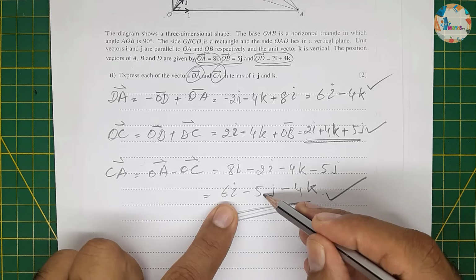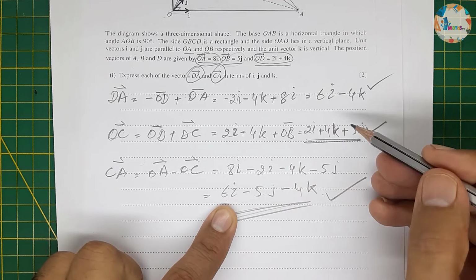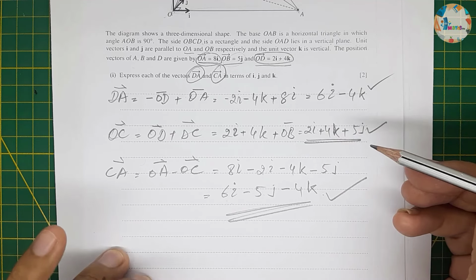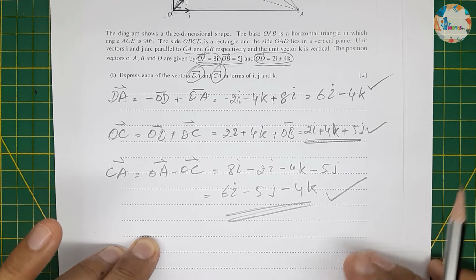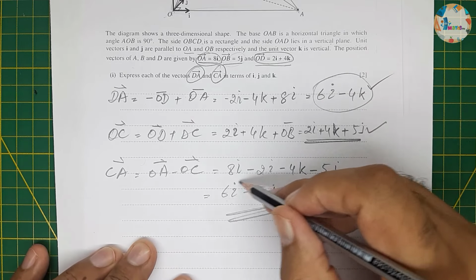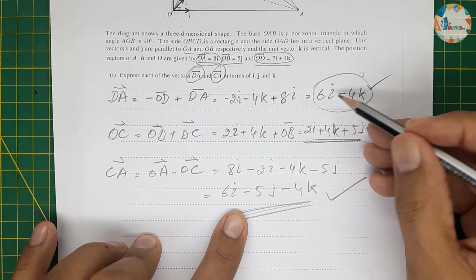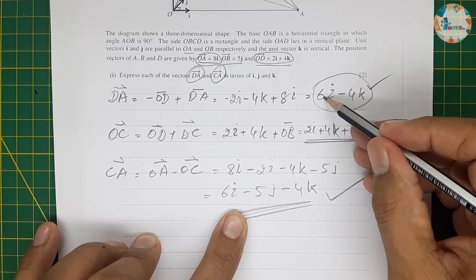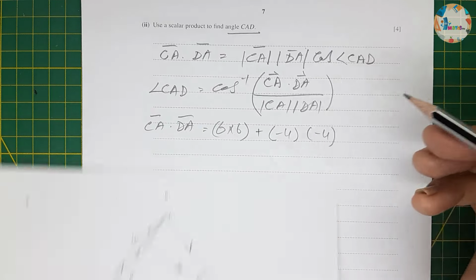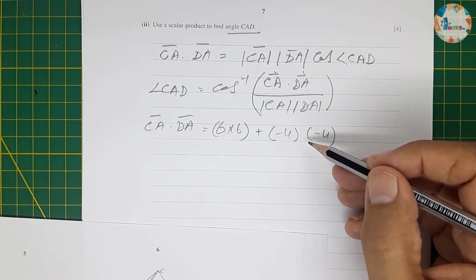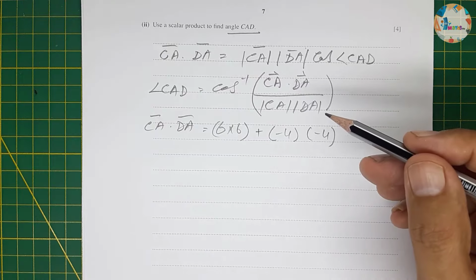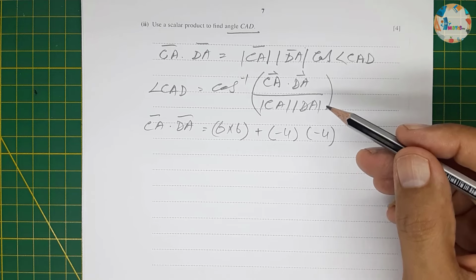So this dot this: I dot I, J dot J and K dot K. This is our DA and this is our CA. So I is there and K is there. So 6 into 6 and minus 4 into minus 4, which we have done over here. Because there is no J involved in this, J will be 0.